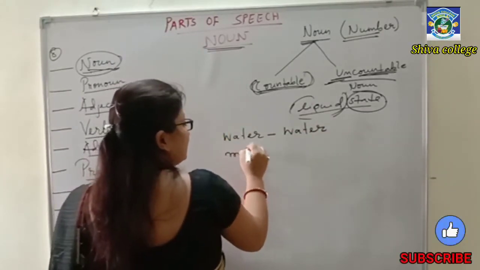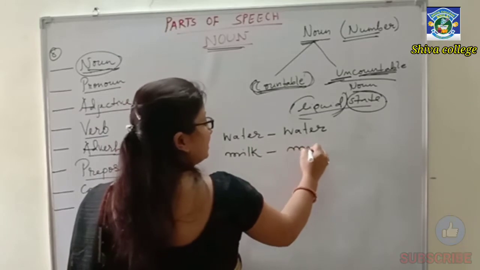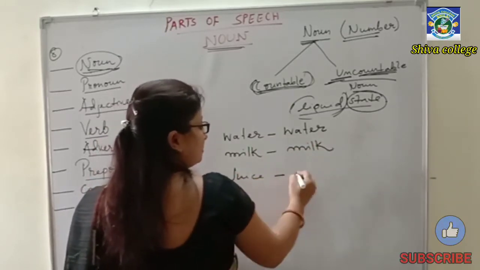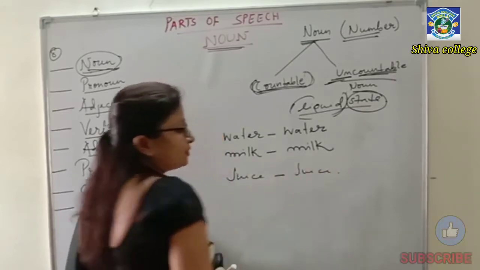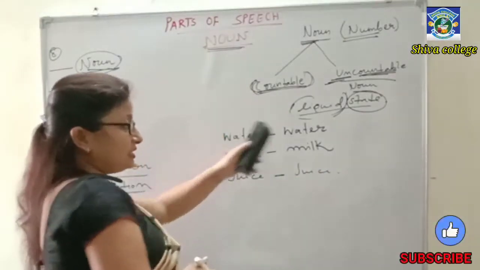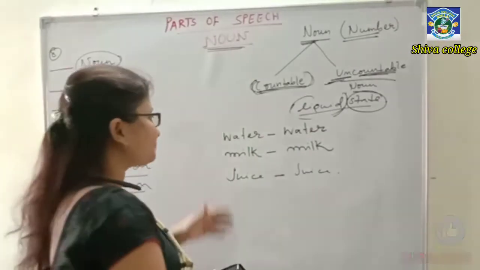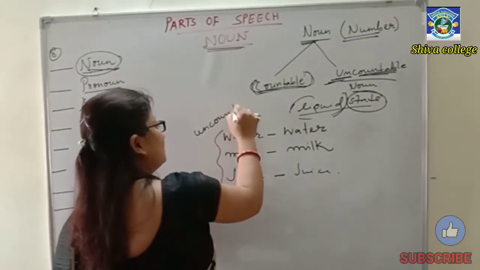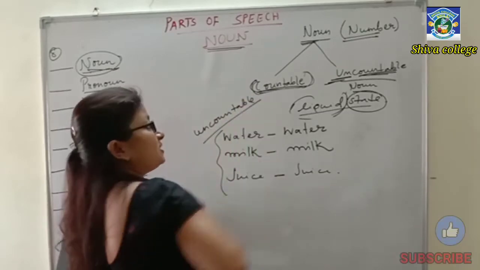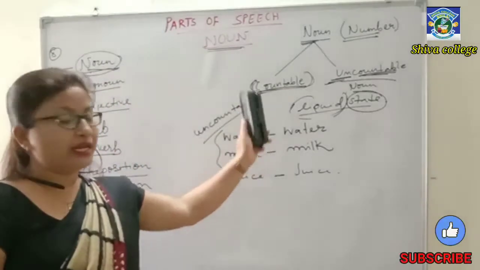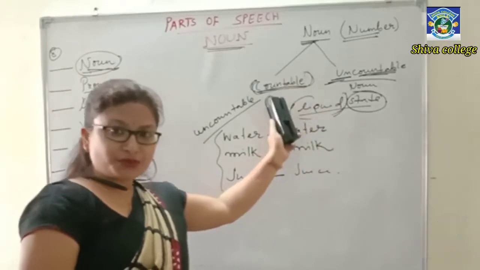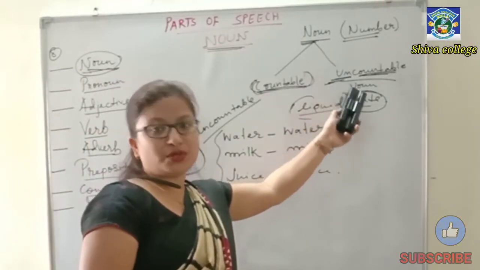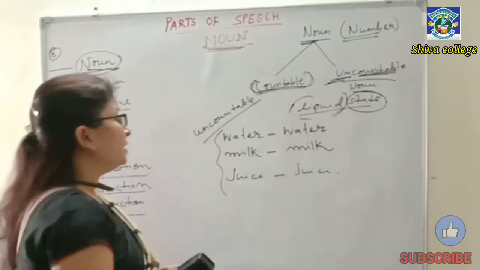You will write milk. You will not get the plural form of milk as well. Then any juice, also juice. You will not get the plural form of this liquid state thing. So, these things come under uncountable noun. So, here you have seen one difference between countable and uncountable is that countable noun has its plural form, whereas uncountable noun does not have its plural form.